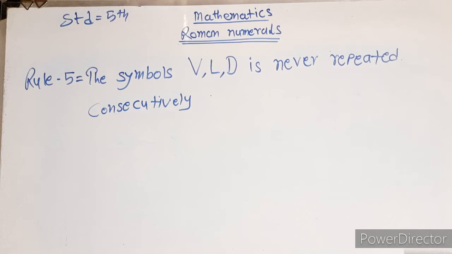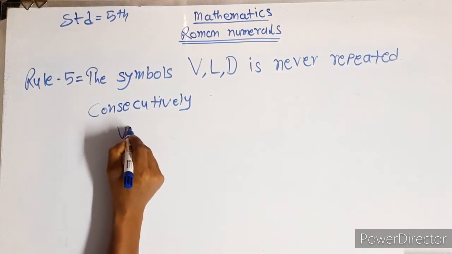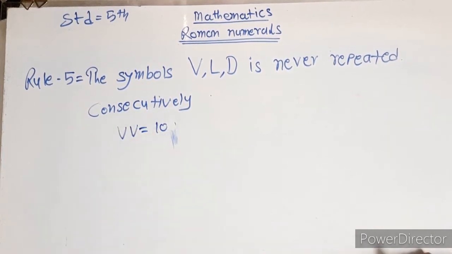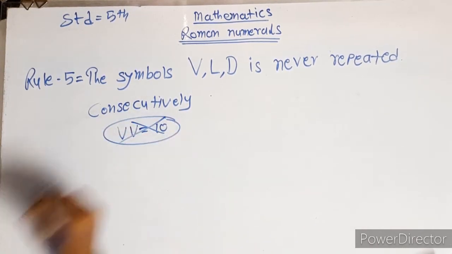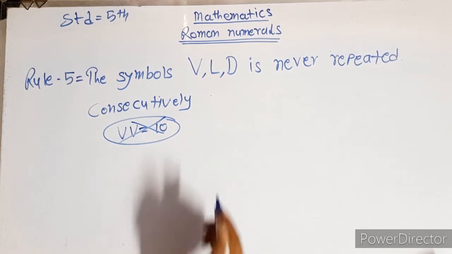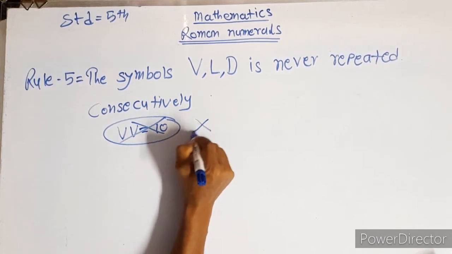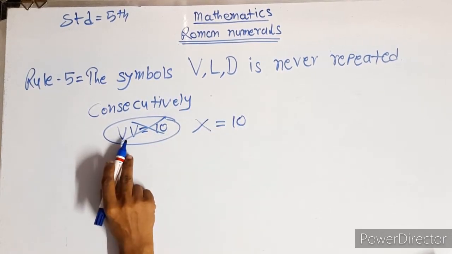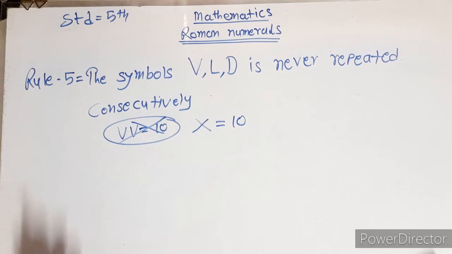Now, if we write 10, many students write it this way, V and V is equal to 10. But it is wrong. We use the letter X for 10. It means V is not repeated.